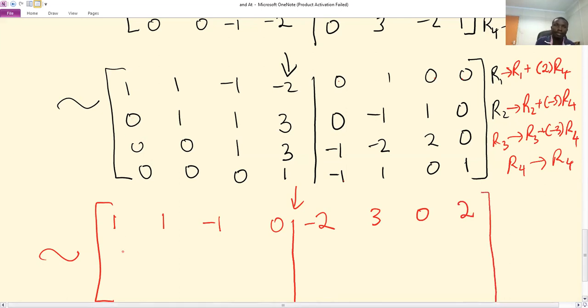And then 0, 1, 1, 0. Now 0 minus 3 times minus 1 is 3, positive. And minus 1 plus minus 3 times 1 is minus 3 minus 1, which is minus 4. 1 plus minus 3 times 0 is 1. 0 plus minus 3 times 1 is minus 3.